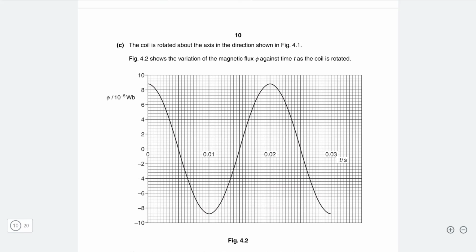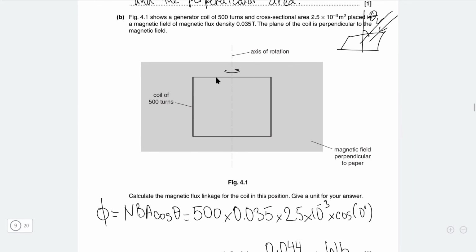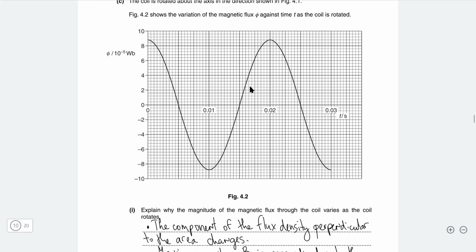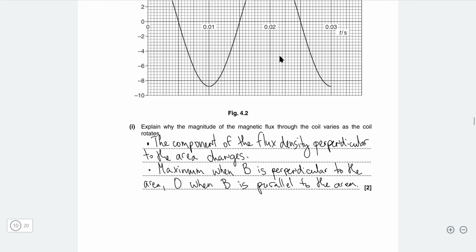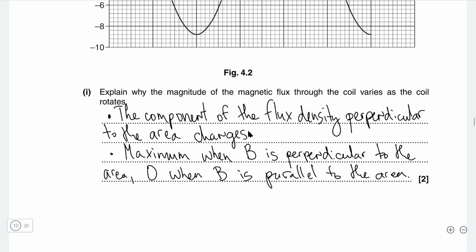Okay, next one. The coil is rotated about the axis in the direction shown in the figure above. So that's figure 4.1 just here. This thing is getting rotated around this axis. And figure 4.2 shows the variation of the magnetic flux against time t, which is changing, of course. Explain why the magnitude of the flux for the coil varies. Well, first of all, the component of the flux density which is perpendicular to the area changes.